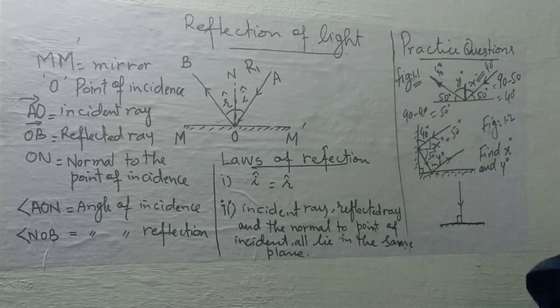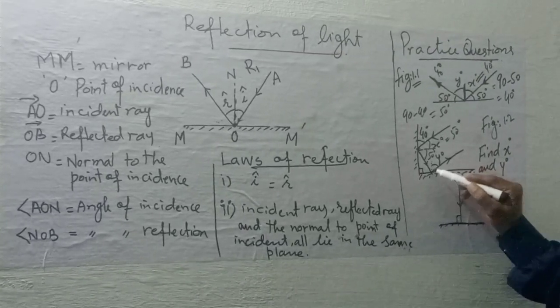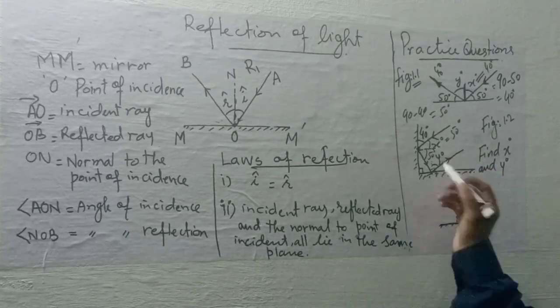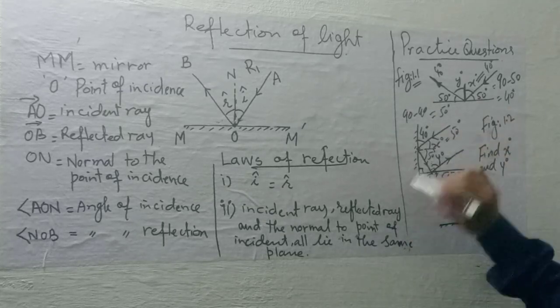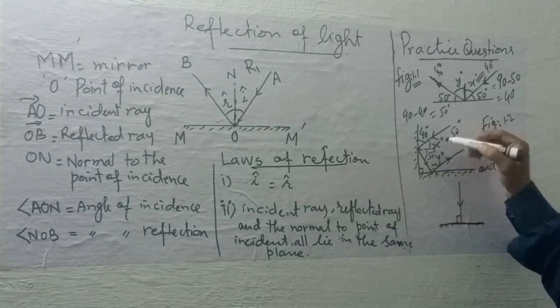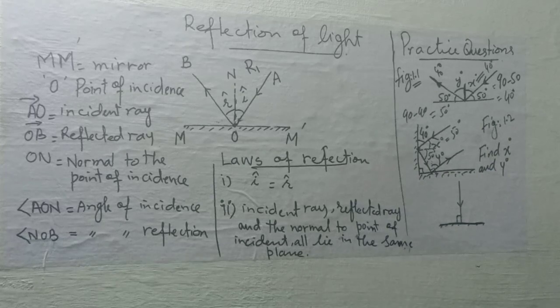Now, this whole angle is also obviously 90 degrees. If we see what the characteristic of these two lines is, if these are two parallel lines, then 50 plus 50 is 100 degrees.